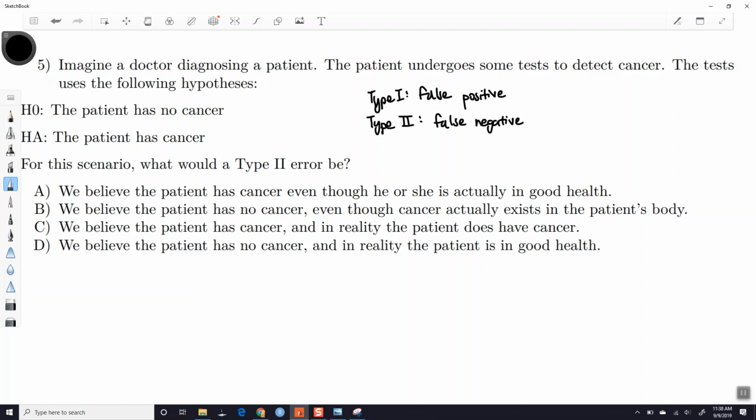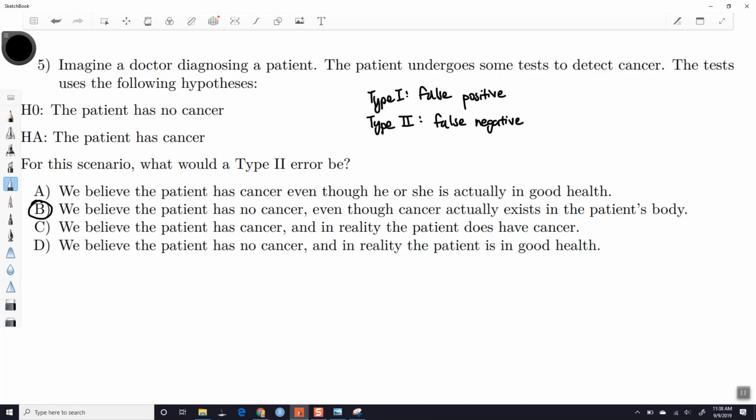Now, what would the false negative be? Okay, all right, so A, B, C, or D? What do you think? B. B is the answer, okay?